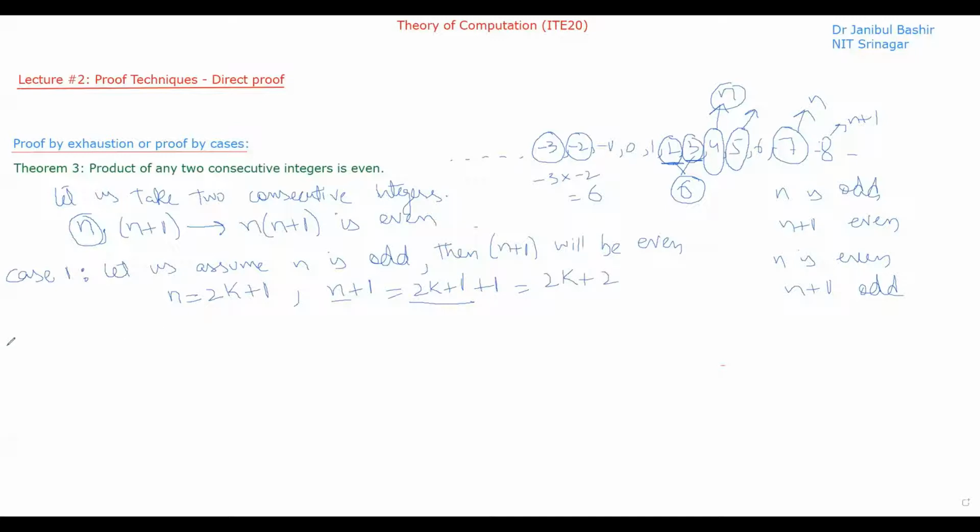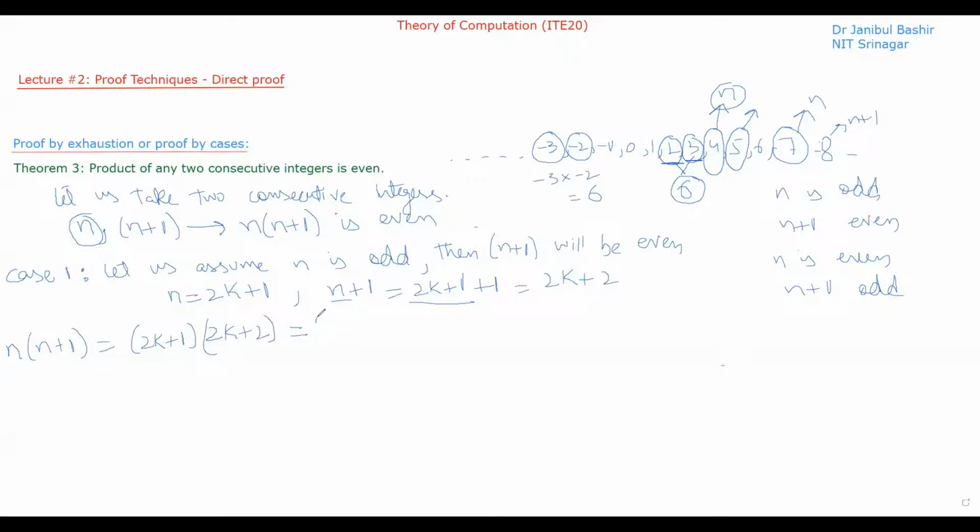Now we have to prove this n into n plus 1 is even. So let's do n into n plus 1. n is 2k plus 1, and n plus 1 is 2k plus 2. Let's do the product.